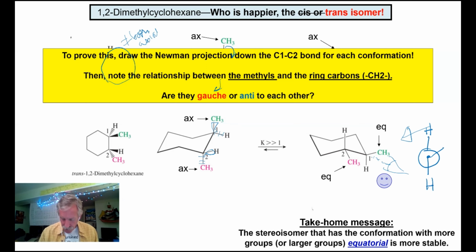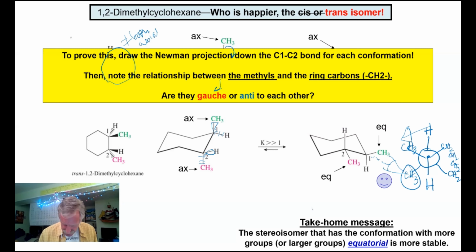I know that the rest are going to be staggered, so I start from this perspective, and then I look from where I am in 1 and 2. Where's the rest of the ring? It is to the right of me. So on the right of my Newman, I draw all the 4 other carbons that make up the big bulk. And then I have, on this one, methyls that are now equatorial.